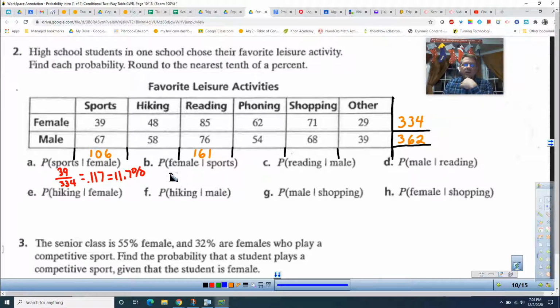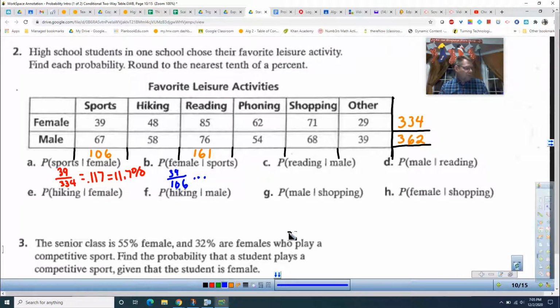So we're going to have 39 still, but this time it's going to be out of 106 because it's given sports. Both of those are sports and females, but it depends on where you start. That affects your denominator. And so then you would do 39 divided by 106, take the decimal, and then to a percent. So we got to finish that out.